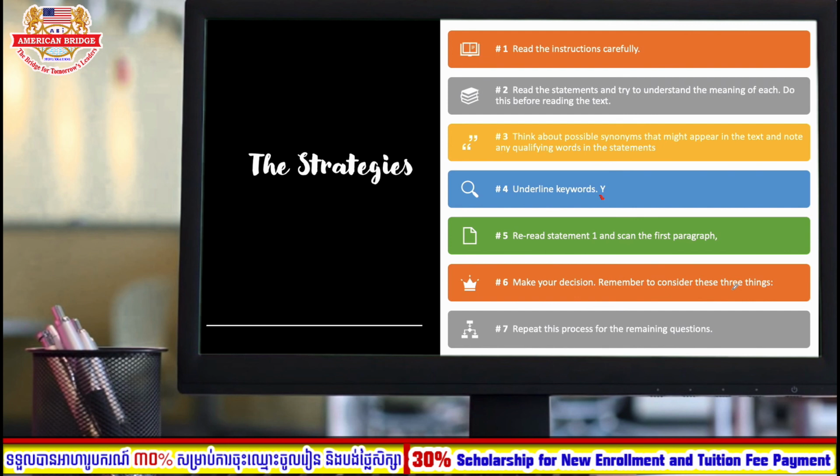Remember that. You cannot just say all of these statements agree with the passage. No. So all those 3 important points, yes, no, and not given, should be included in your answers. And the last one, repeat this process for the remaining questions.